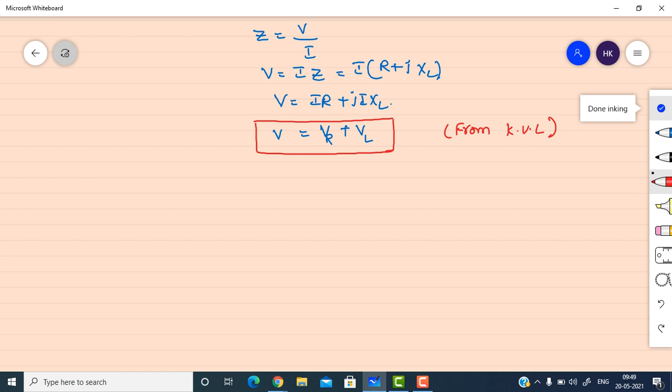Suppose it is a parallel circuit, then take voltage phasor as a reference phasor. If it is only one element in the circuit, then you can either take voltage as a reference phasor or current as a reference phasor. That's up to you. But in case of series circuits, take current phasor as a reference phasor for drawing the phasor diagrams.